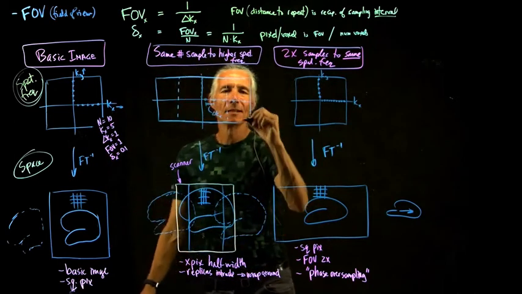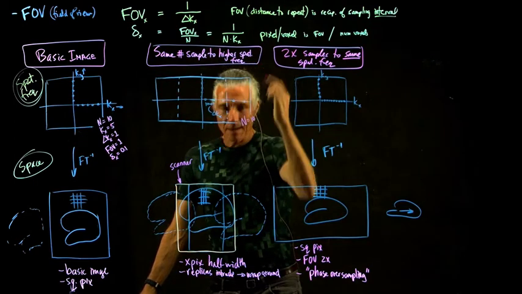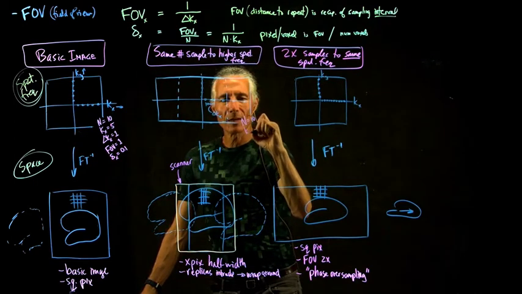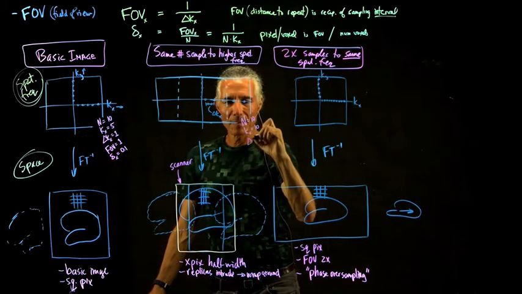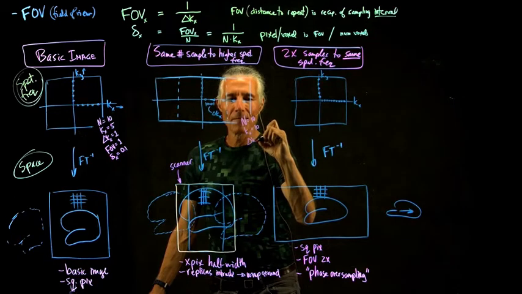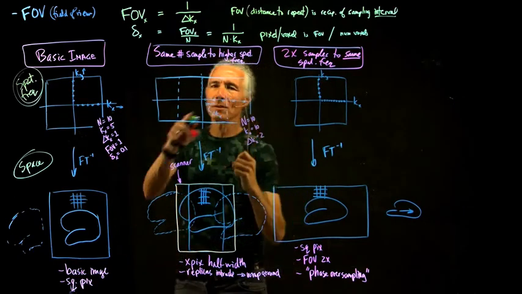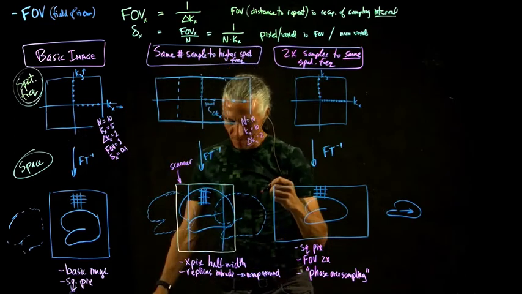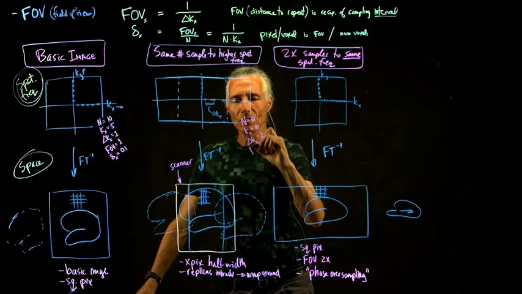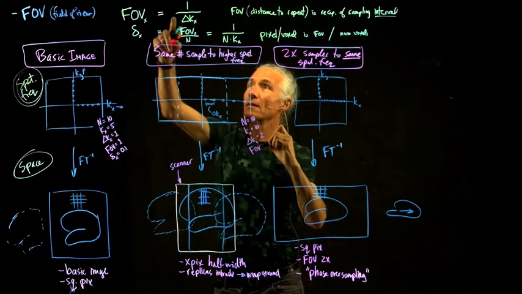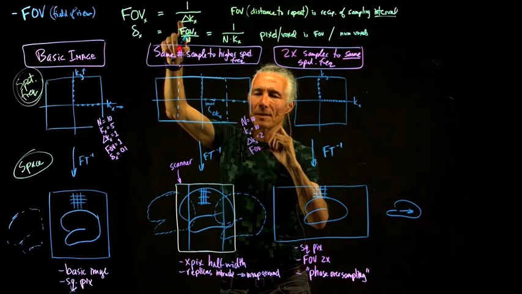In this case, the number of pixels is still 10, except now we're going up to kx equals 10 instead of 5, and the sampling interval now was 2 because we're going in jumps of 2 instead of 1. And the field of view is just 1 over the sampling interval.